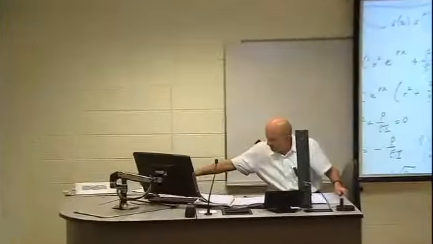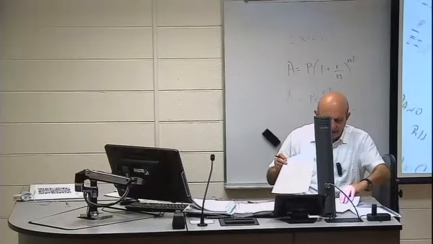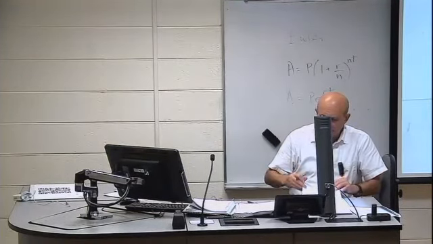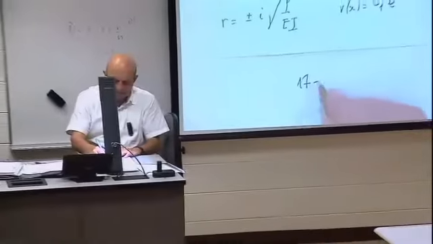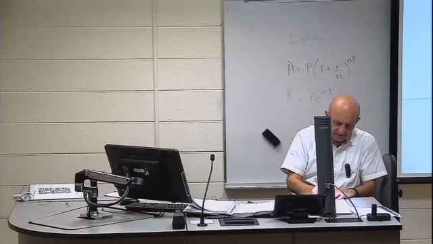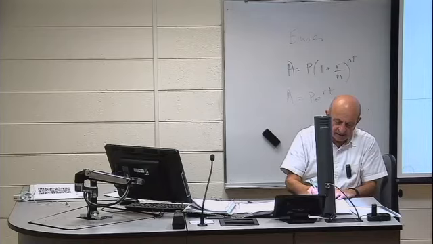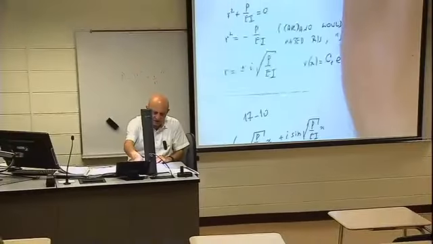I put paper here. So then we get v of x equals c1, now we are using Euler's formula, cosine square root of p over EI x plus i sine square root of p over EI x. You know what? I will just make one change.